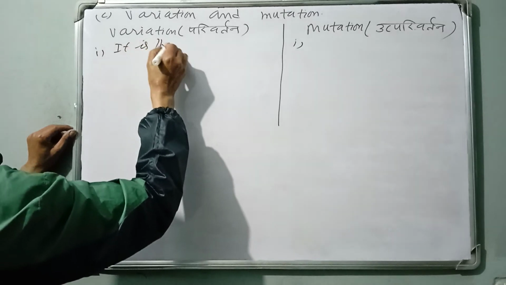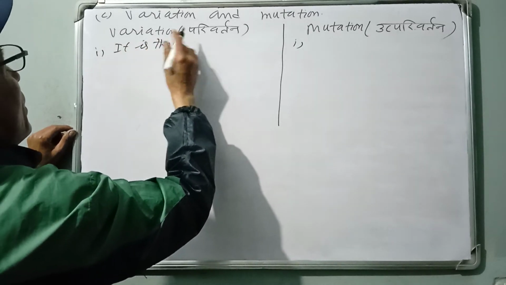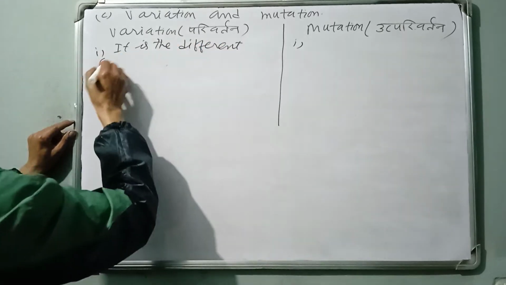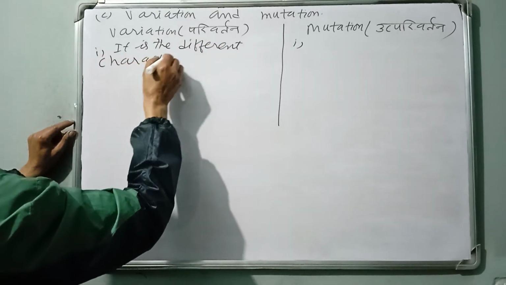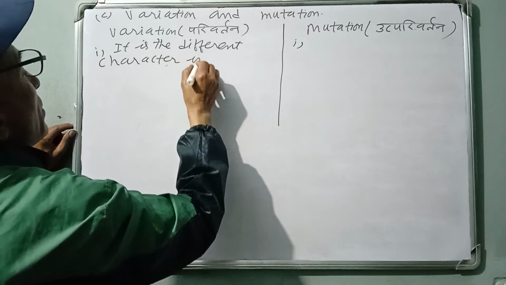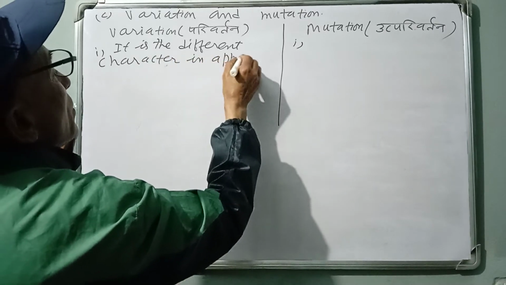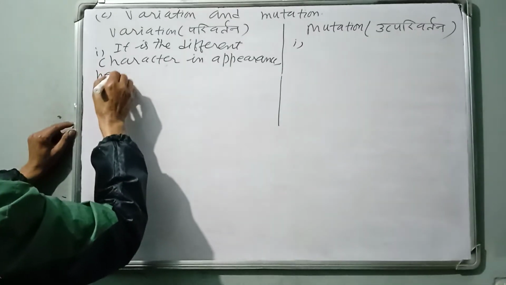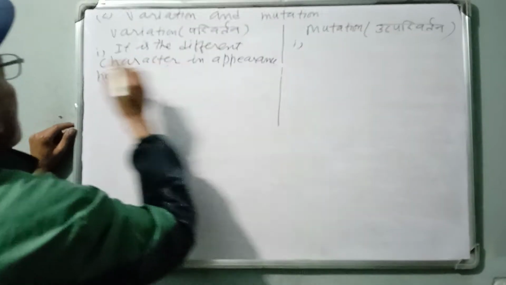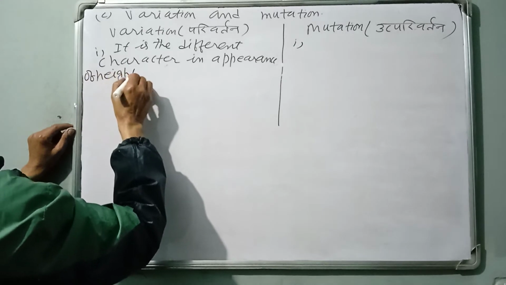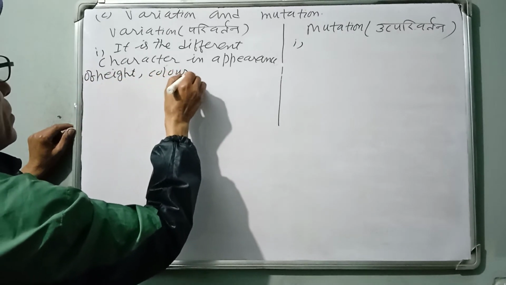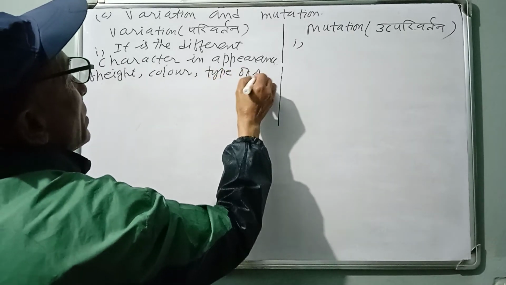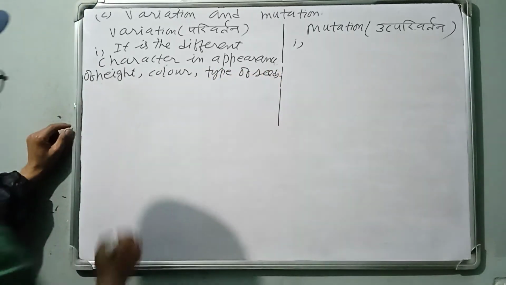It is the different character in appearance, such as height, color, type of seeds, etc.